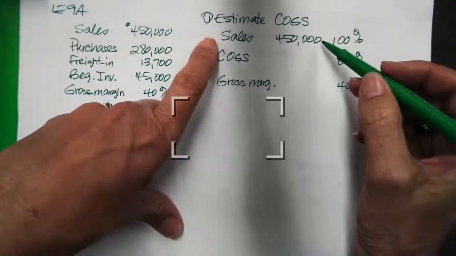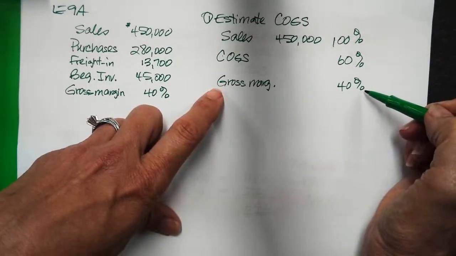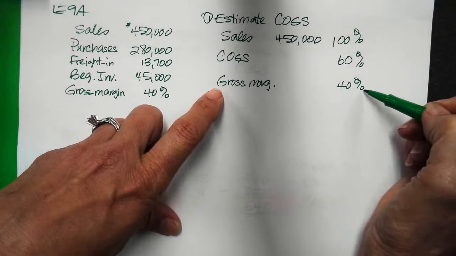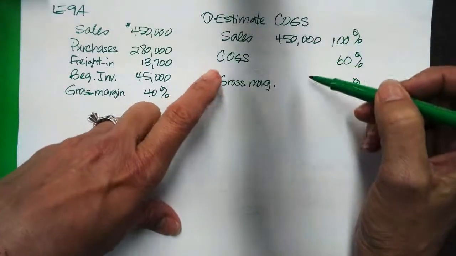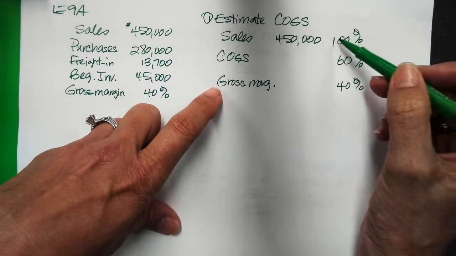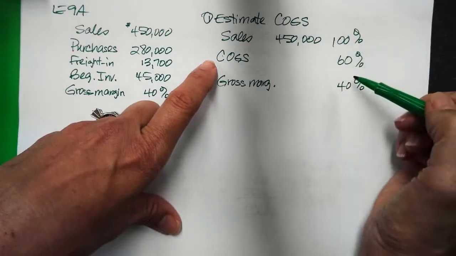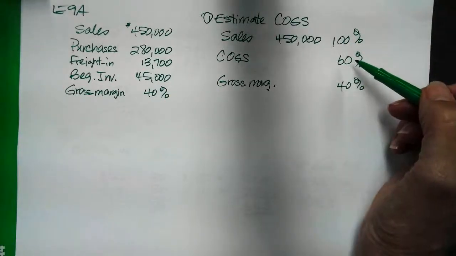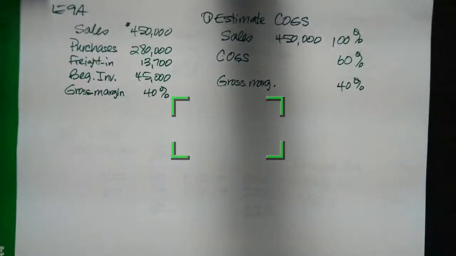So knowing what sales is and knowing that we price to have a gross margin, which means that sales minus cost of goods sold leaves us with a number that is 40% of sales, then apparently cost of goods sold is 60% of sales. So I can actually just take 60% of the sales number and estimate what cost of goods sold must be.